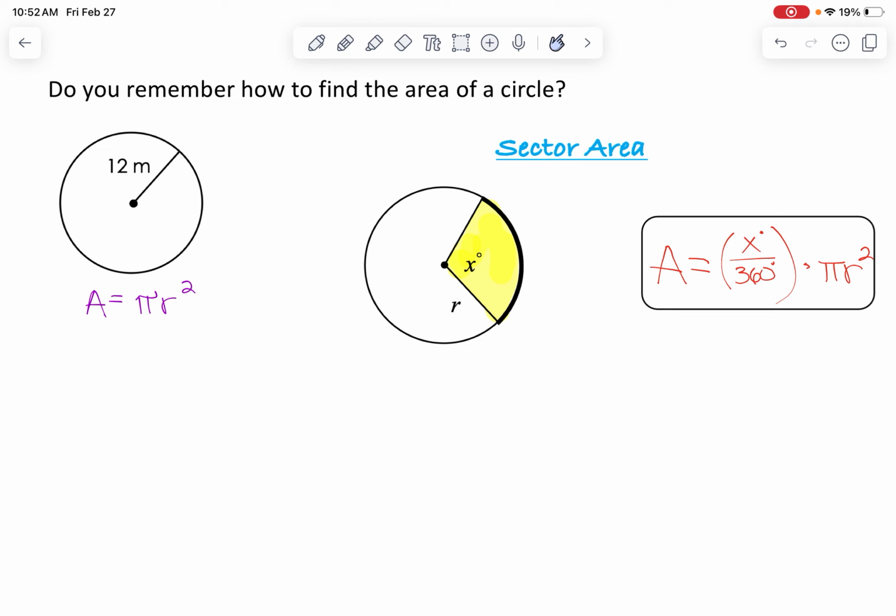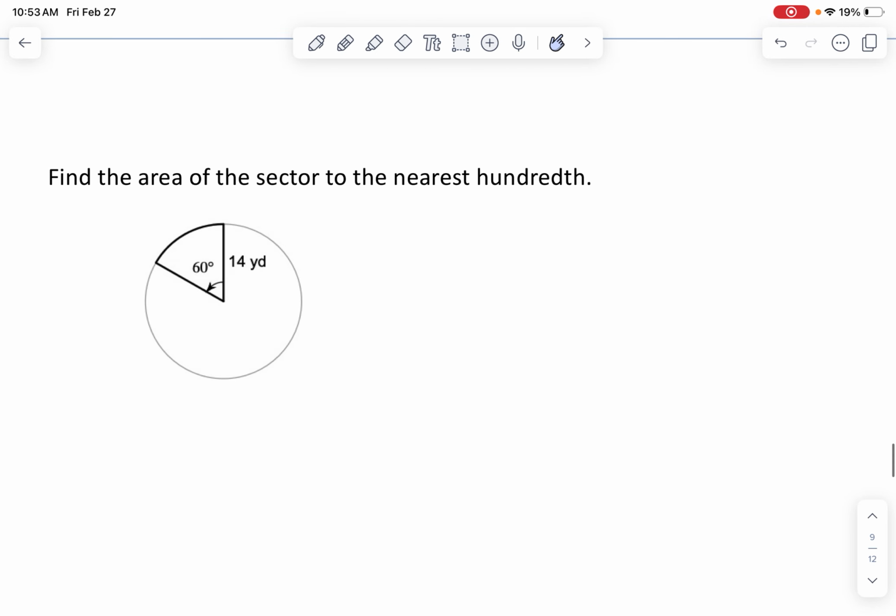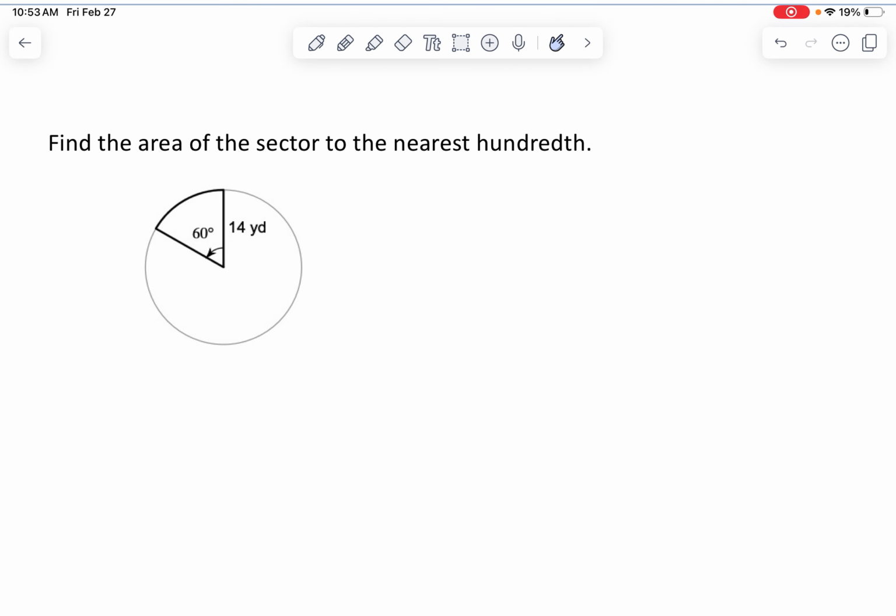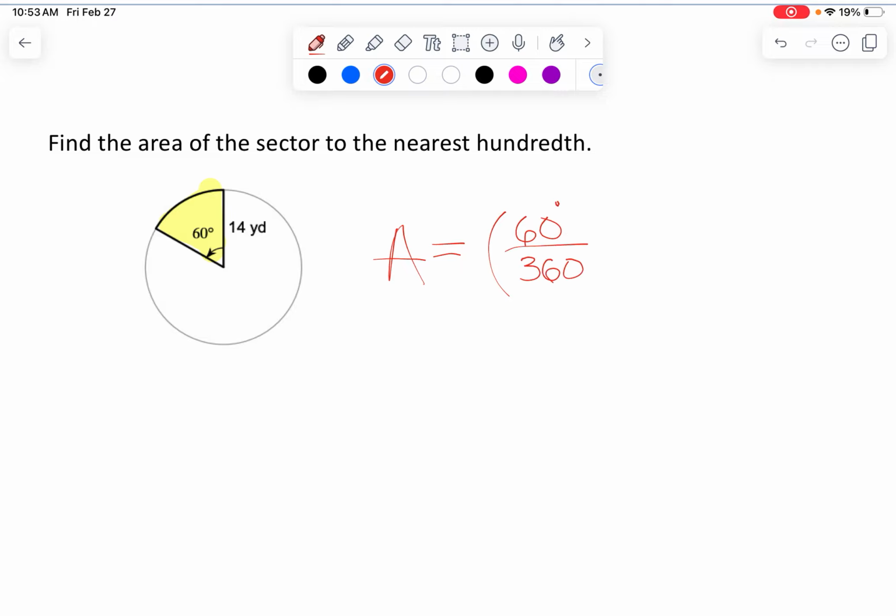So let's try this. If I want to know what this section here is, it's called a sector, I'm going to say the area is equal to 60 degrees over 360 degrees, so a fraction of the whole circle, times pi times radius squared, so 14 squared.